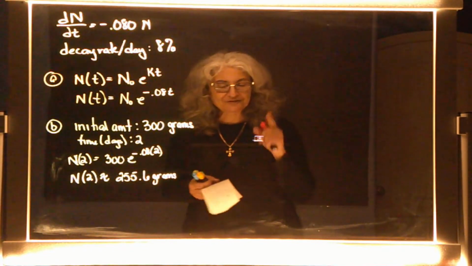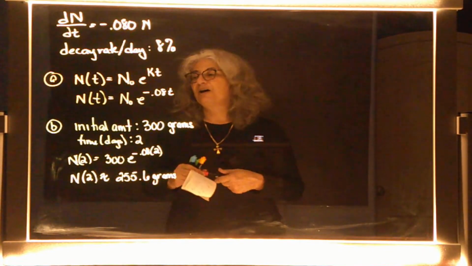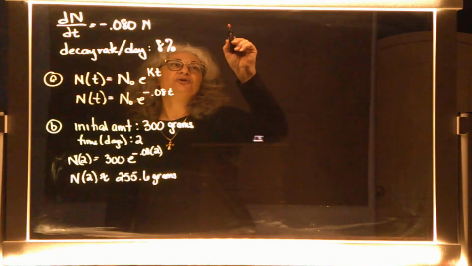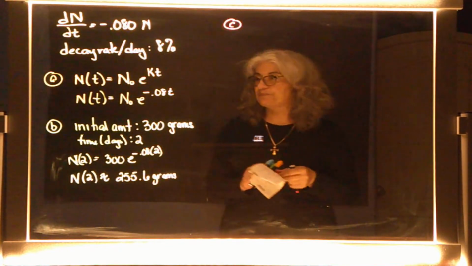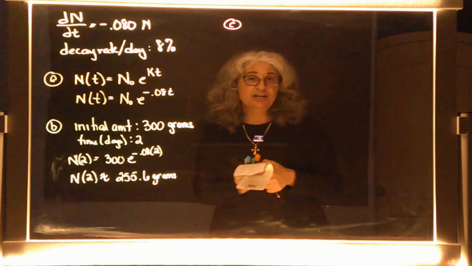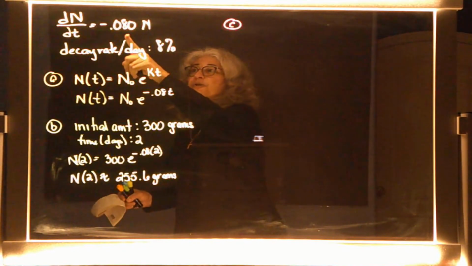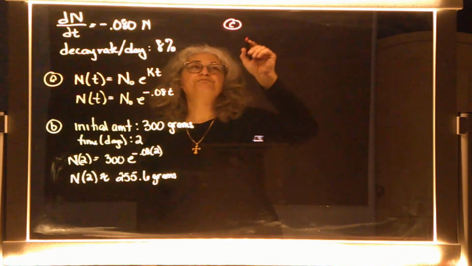What is the rate of change of the amount of the substance after 2 days? All right, so what's rate of change mean? Yep, the derivative. Okay, so we have part C, right? We have the rate of change. This was the formula they gave me, wasn't it? Okay, but hang in there 1 second.